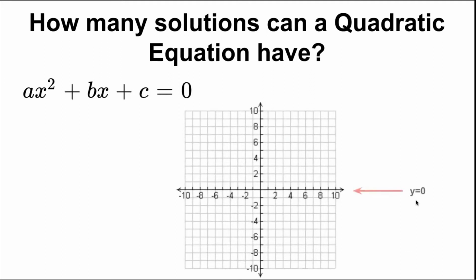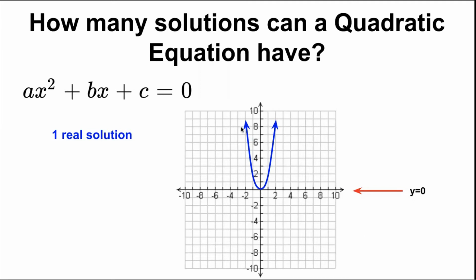If we were to graph our quadratic equation, we make sure that we're only focusing on the solutions, and that's when y is equal to 0. So here is this graph. If you look closely, there's only one solution. Why is there one solution?